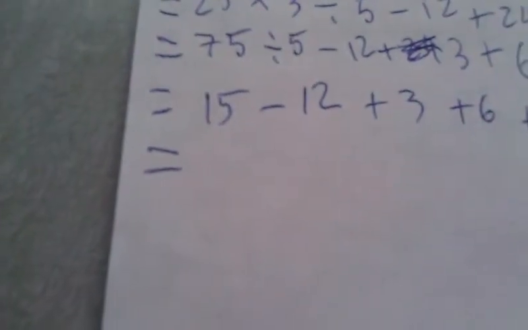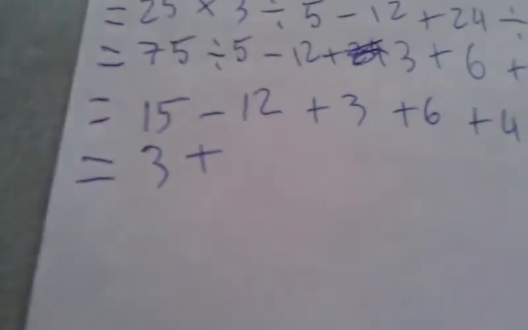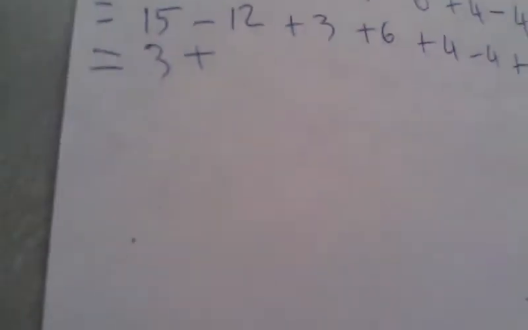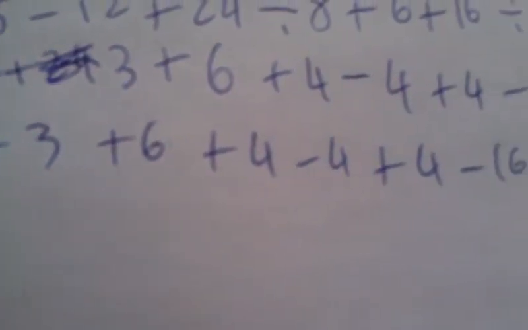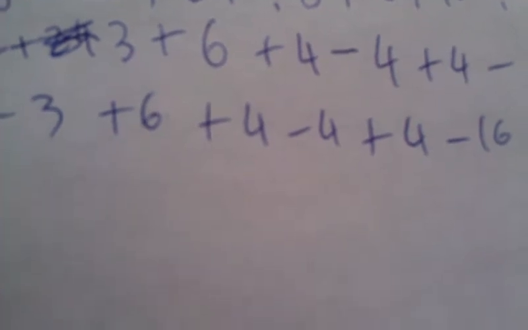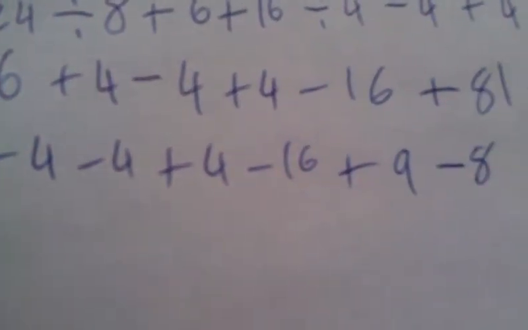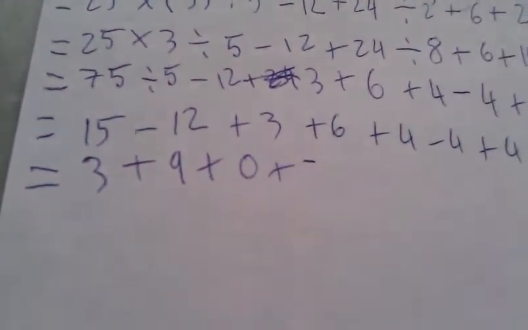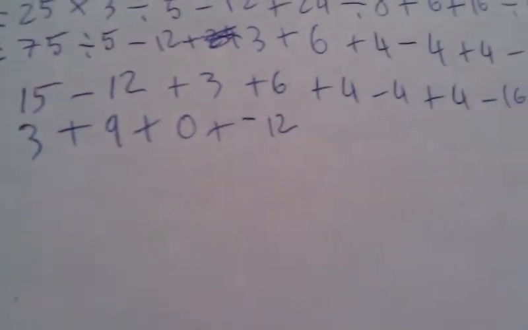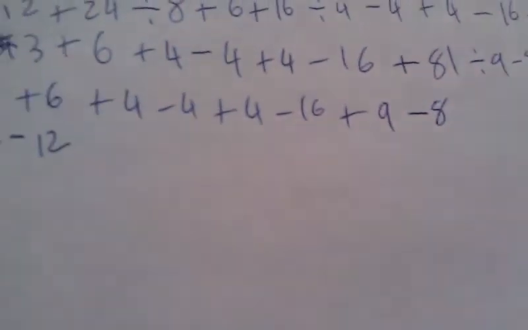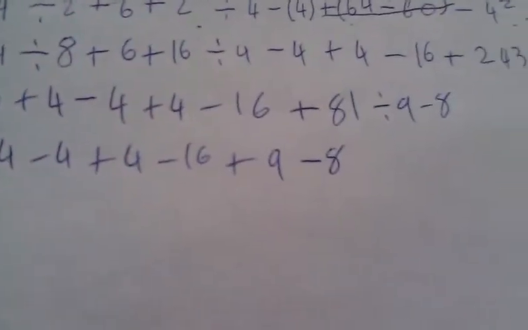So let's go 15 minus 12, that is 3, plus 3 plus 6, that's 9, plus 4 minus 4, that's 0, plus 4 minus 16, that's a negative, let's see, 12, plus 9 minus 8, which is 1.